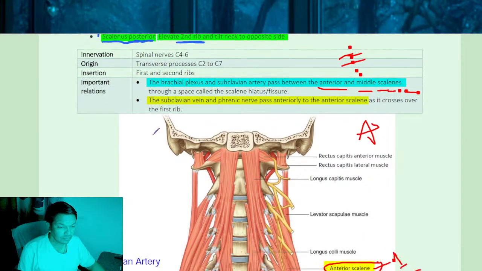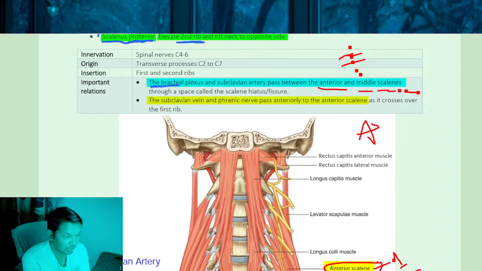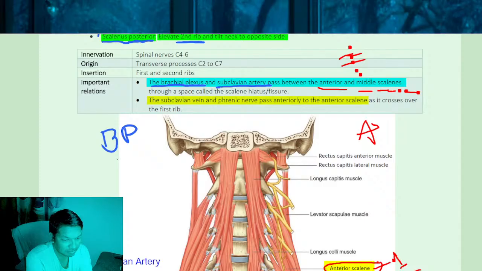spinal nerves C4 to C6, and their important relation. This is important, exam related: the brachial plexus and subclavian artery. The brachial plexus is actually the nerve, right? And the subclavian artery is the artery.